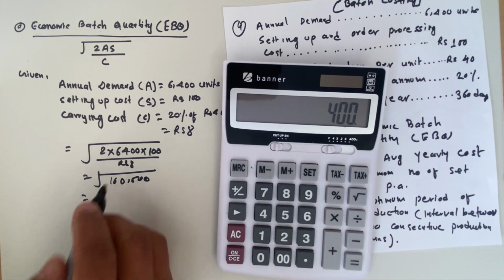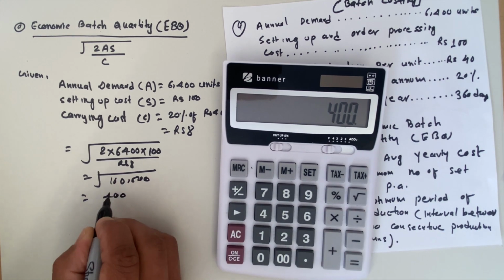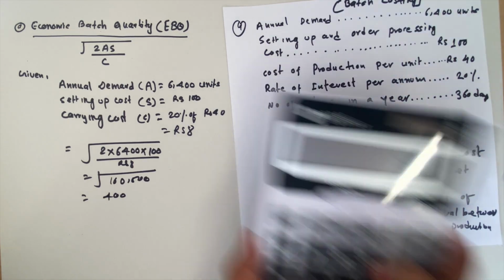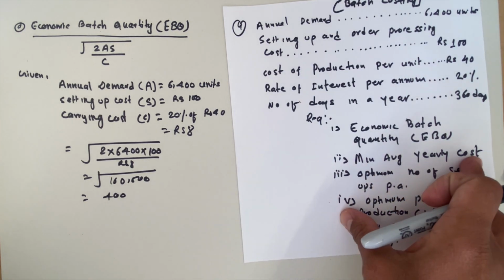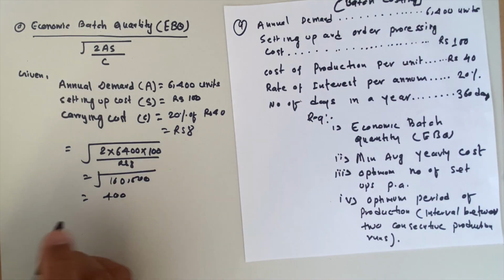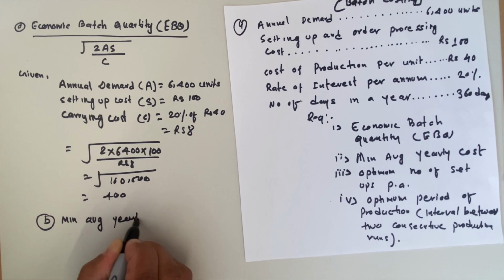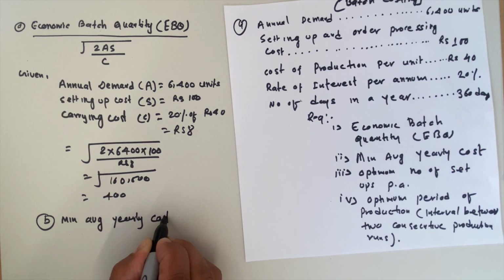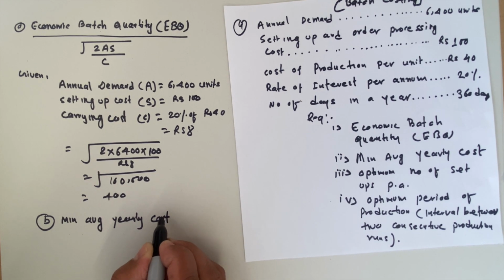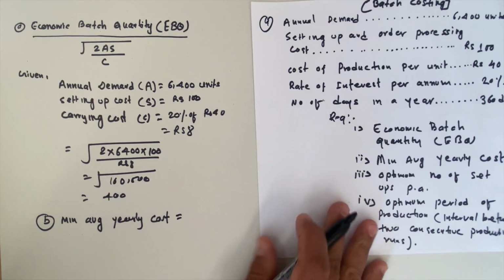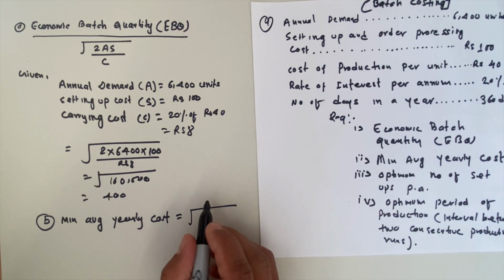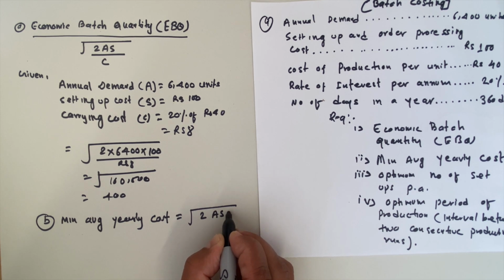The square root is 400. And second, minimum average yearly cost. The formula is square root of 2ASC.